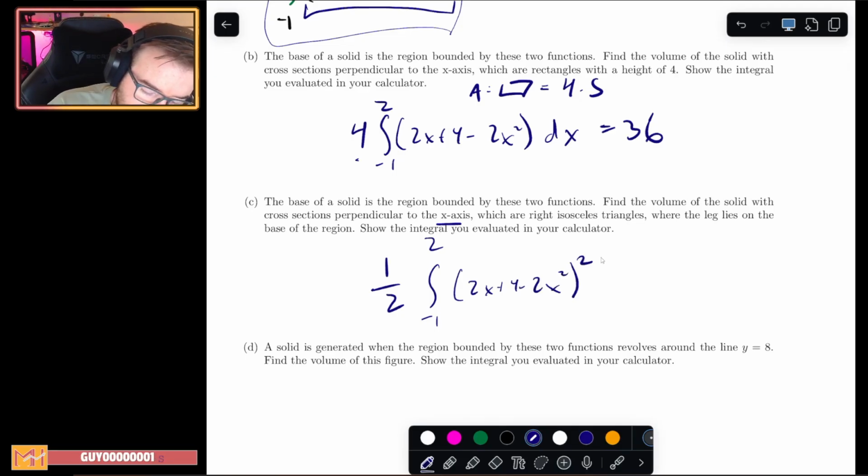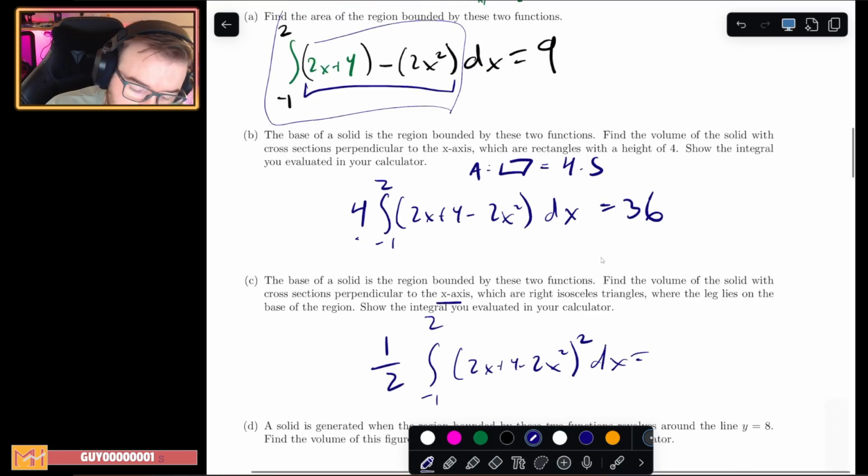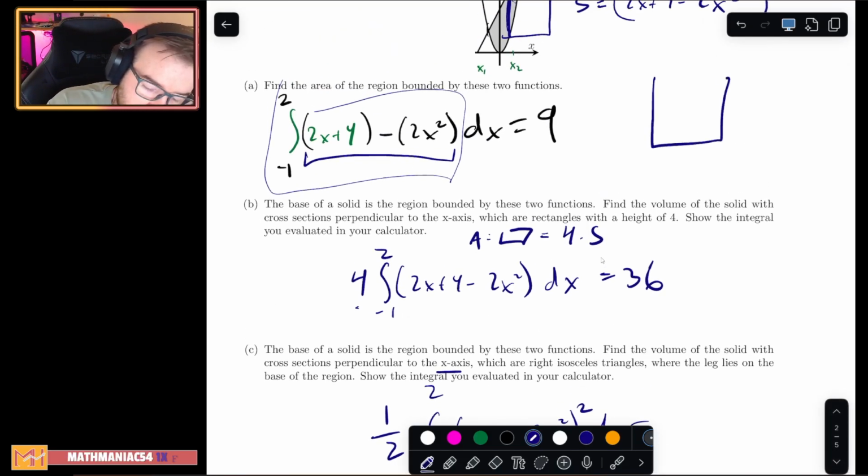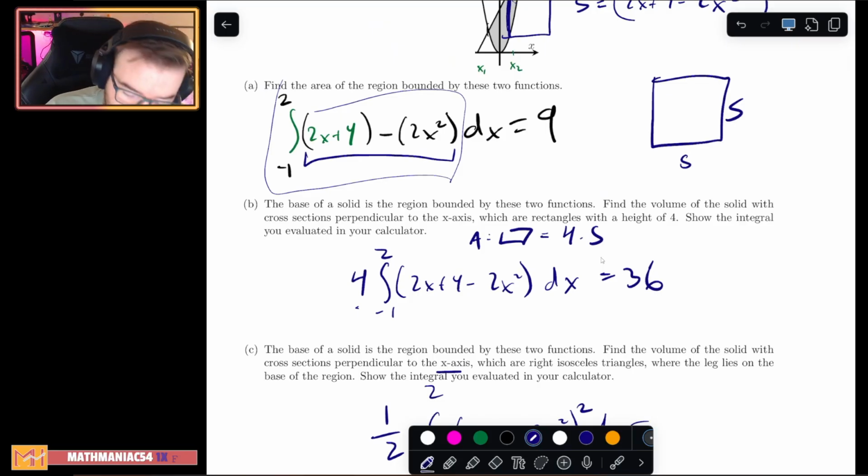Now, if you are not recalling that formula, remember a square is s by s, so the area of the square is s squared. And suddenly when we make a right isosceles triangle, we're cutting the square in half. And so the right isosceles triangle was half s squared, because this is one of the legs.